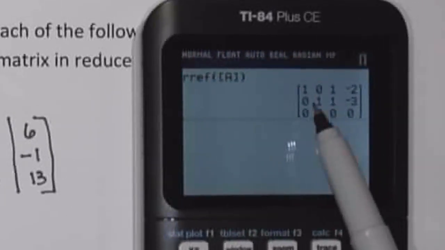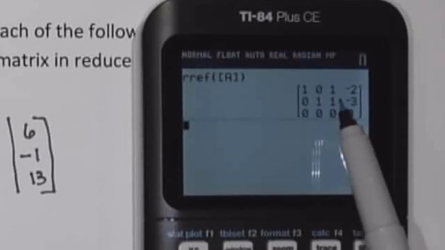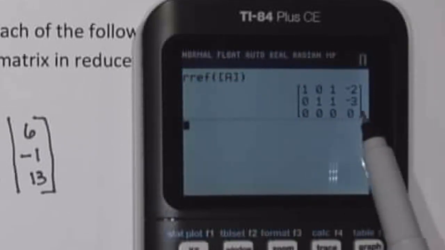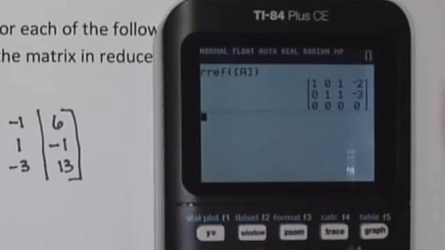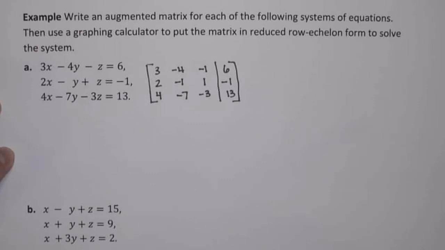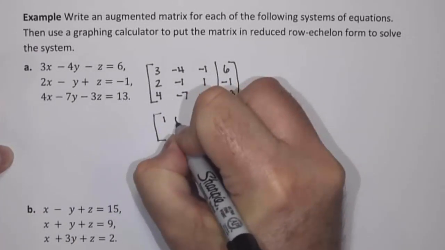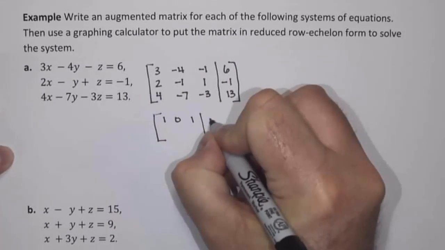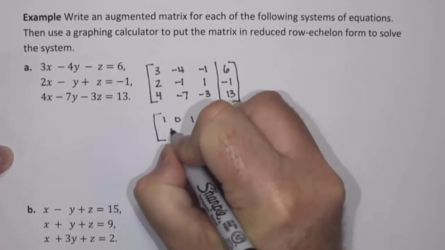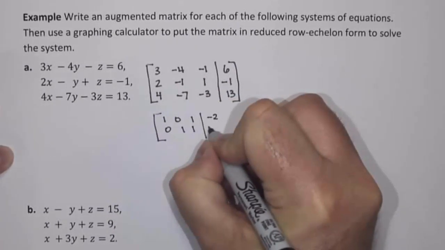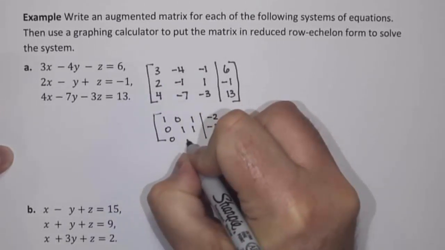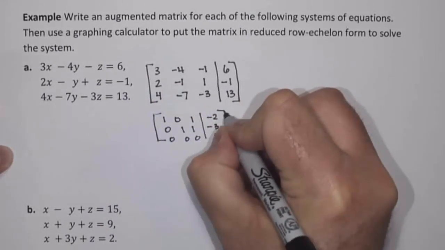When I do that, I get this result: 1, 0, 1, negative 2, 0, 1, 1, negative 3, 0, 0, 0, 0.